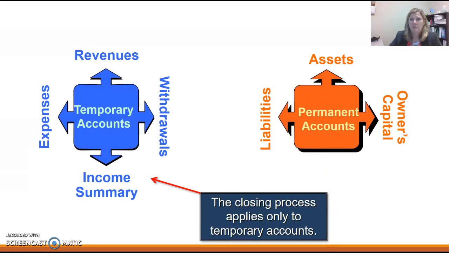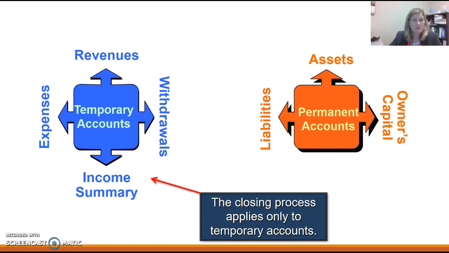Let's talk a little bit about those temporary and permanent accounts. Temporary or nominal accounts are those that are found mostly on our income statement. Remember, we want to see the results of our operations year over year. So we're going to close out the revenues and the expenses to zero every year. We also want to see what the owner has withdrawn every year, so we'll close the owner's distributions, owner's withdrawals, or dividends every year.